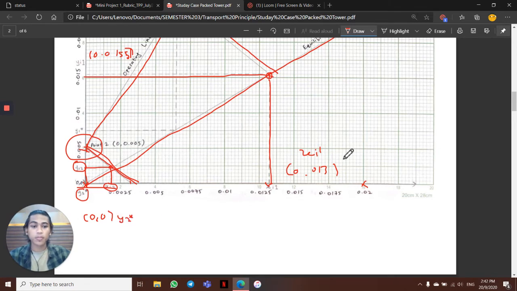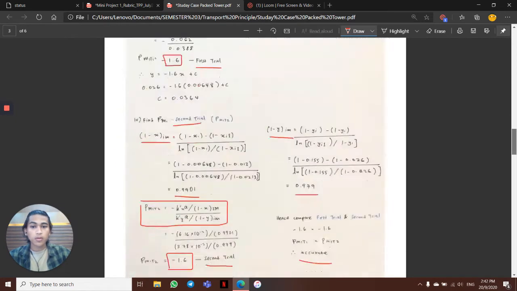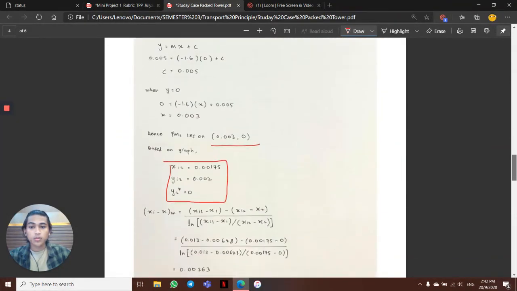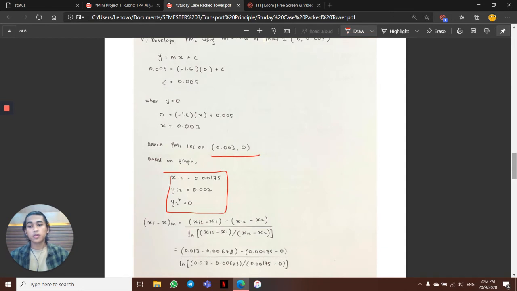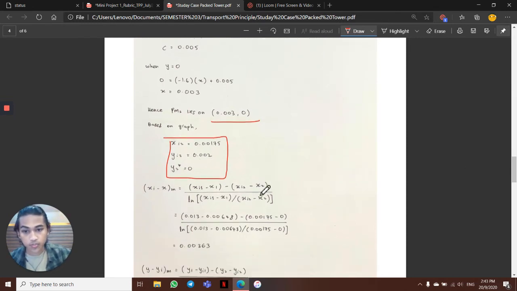Alright, so we already have PM1 T1, PM1 T2, xi1, yi1, y1 star, xi2, yi2, and y2 star.